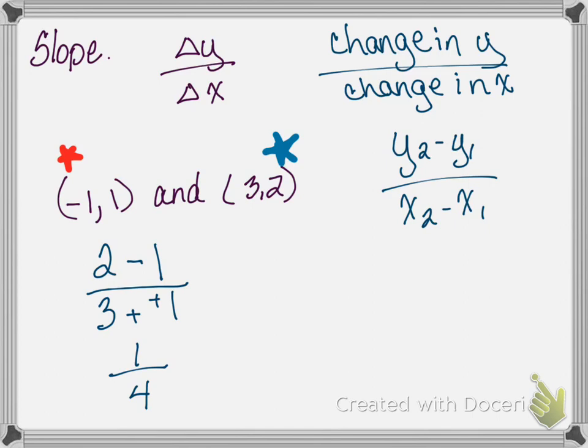Okay? Now, if I did it and I started with this point, I would get exactly the same thing. So now I'm going to do 1 minus 2, and negative 1 minus 3. So 1 minus 2 is negative 1, and negative 1 minus 3 is negative 4. What's negative 1 over negative 4? Positive. So it's positive 1/4.